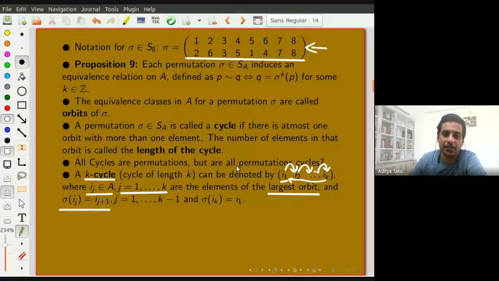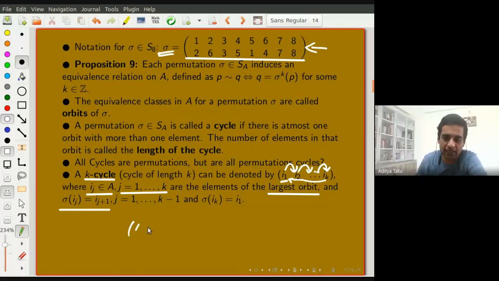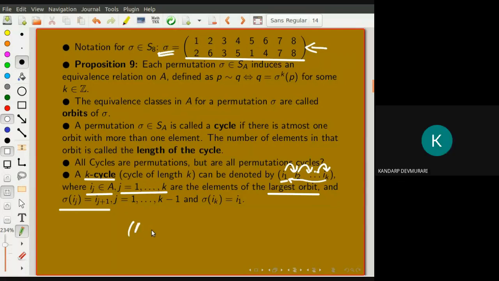So maybe we can take this example. This sigma is a cycle. How do we denote it? Anyone? One, next 2, 6, 4, 5.